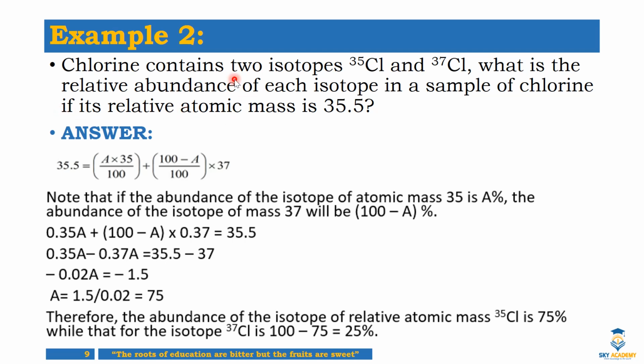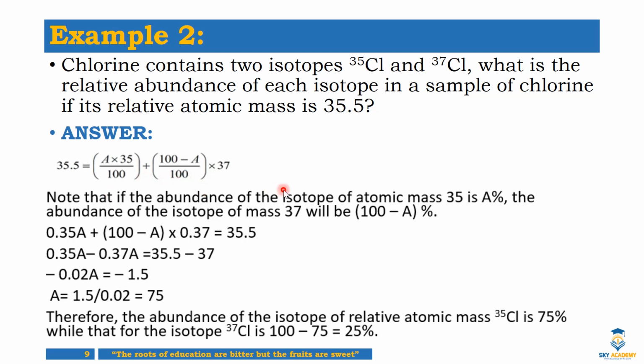So here we need to figure out the way we are going to work this question. We know the formula: the relative atomic mass is equal to M1 A1 plus A2 M2 over A1 plus A2.